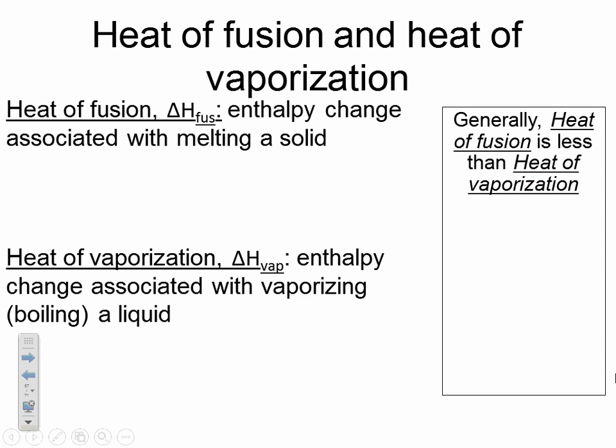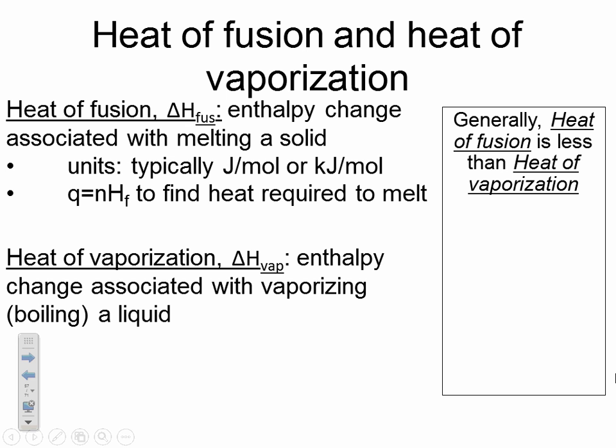Now, specifically looking at melting and boiling, there are some calculations that we can do. Heat of fusion, delta HF, is the enthalpy change associated with melting a solid. Fusion is another term for melting in this context. We can do some calculations with that, because the unit for heat of fusion is very typically joules per mole or kilojoules per mole.